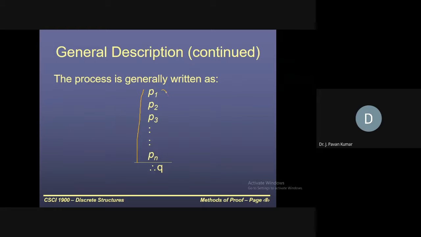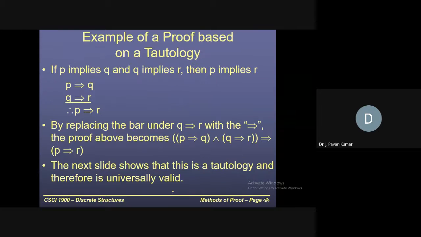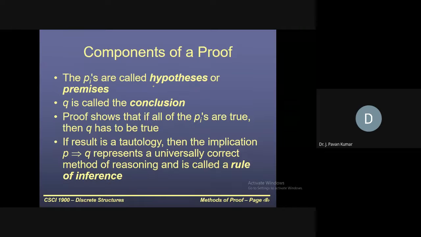If all these are true, then we can conclude that q is also true. Here p1, p2, p3 and so on we call the hypothesis or premises. These words are important, try to remember them. Next, q is the conclusion.